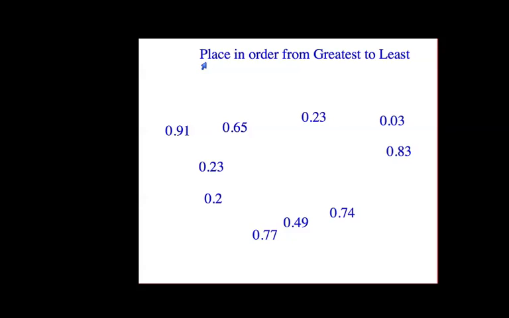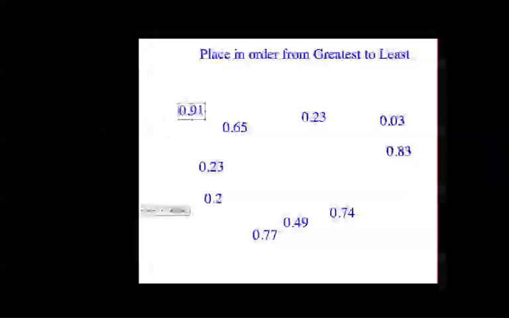On this next page, we are going to put these numbers in order from greatest to least. Again, on this page, first I want to look at the ones place to see if I have any whole numbers. Since I do not, I want to look for the number in the tenths place that has the largest value, which will be my 9 over here.